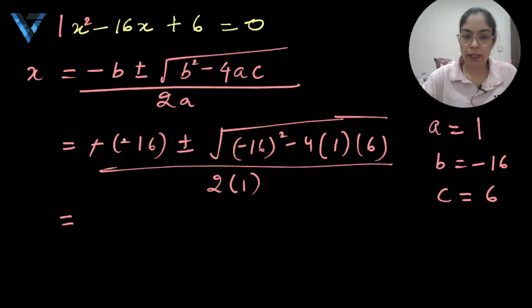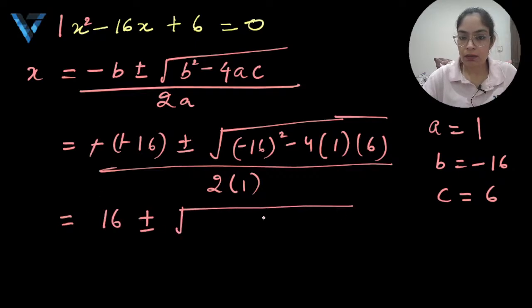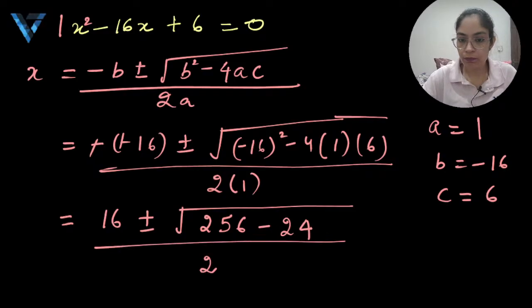Here minus and minus will get cancelled. So 16 plus and minus, the square of a negative is always positive, so 256 minus 4 into 1 into 6 is 24, by 2.